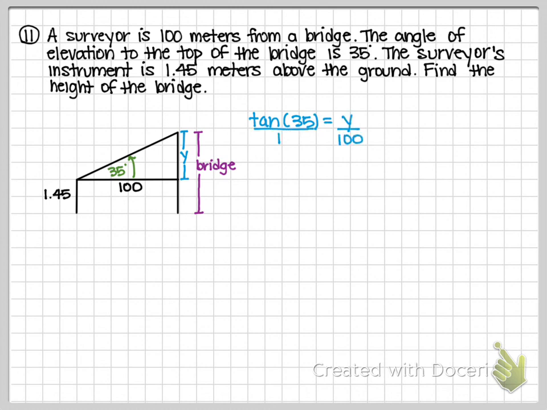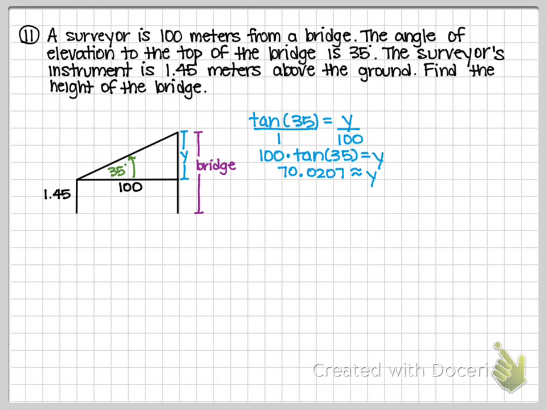Okay, let's solve for y. So cross multiply. That's the exact value for y. Let's type it in and see what we get. So that's going to give us approximately 70.0207. But remember, that's not the height of this thing.